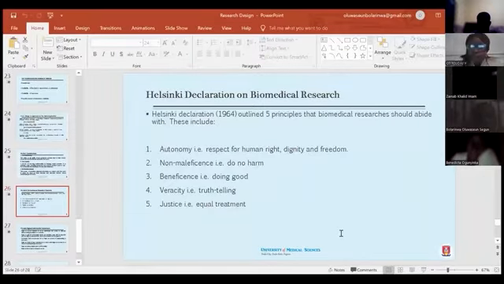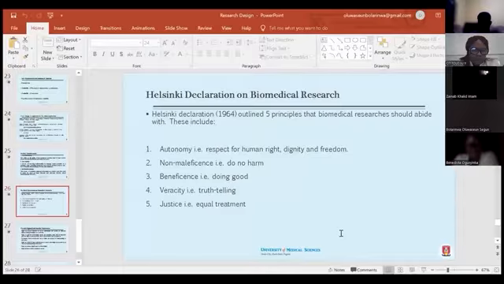And if at all they have some level of risk, they must be aware of what risk is associated with the study that they are participating in, and how they are going to be taken care of, what treatment will be available for them to overcome that risk.